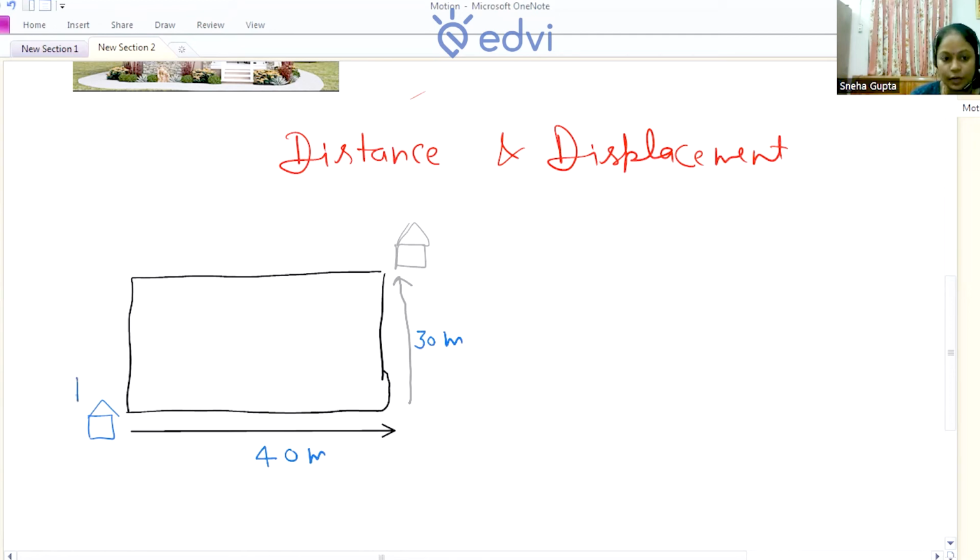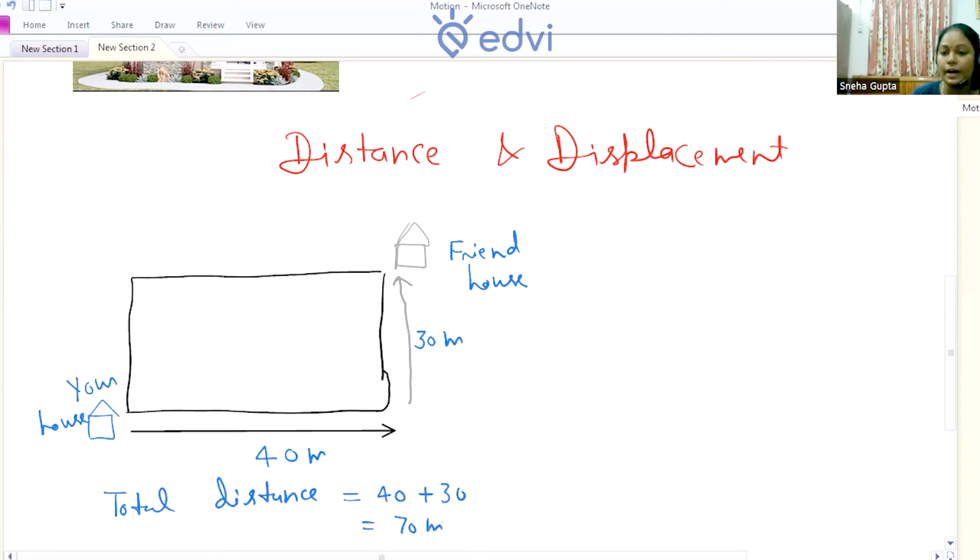Suppose this is your house and this is your friend's house. The total distance that you have traveled is 40 plus 30, that is 70 meters. So you have traveled a distance of 70 meter.